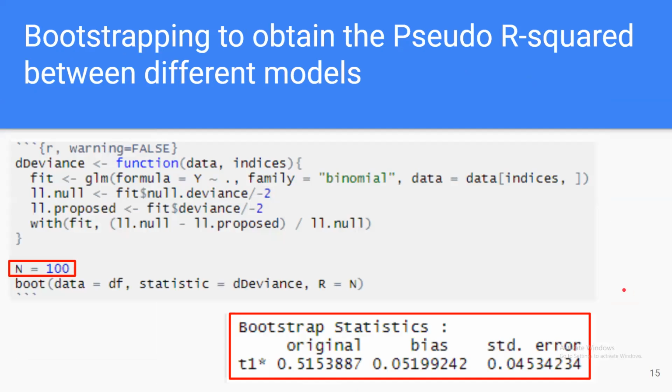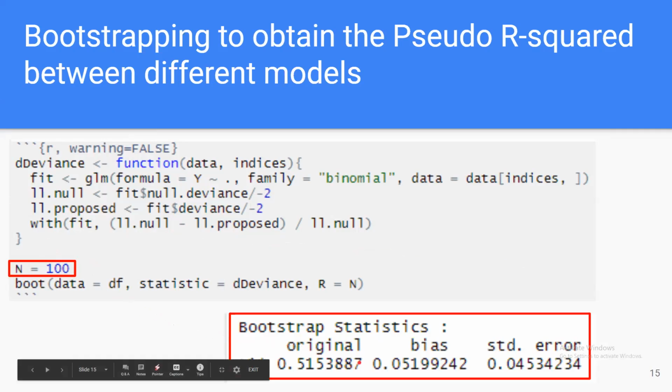To get a better idea of how well the model is performing, we use bootstrapping and run the model 100 times with the bootstrap data. Our results show that after the 100 iterations, we get an R squared of 0.51, so it's consistent with the R squared score that we had before.